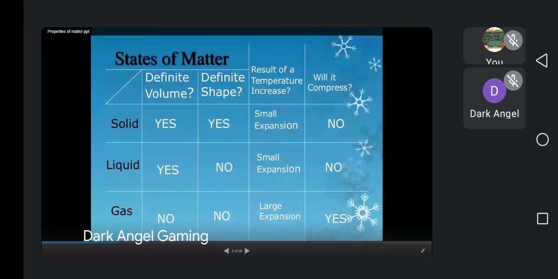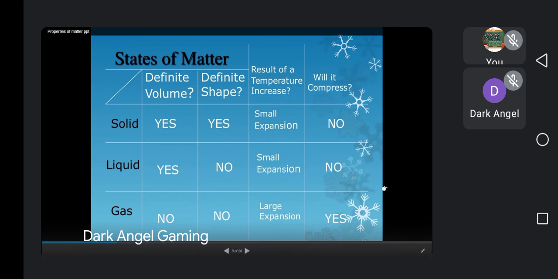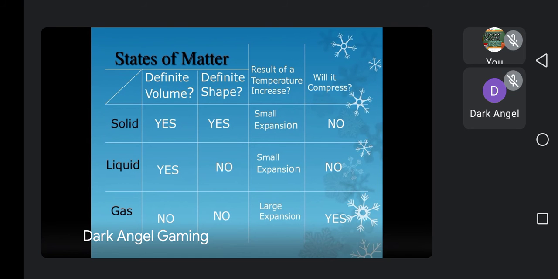The result of temperature increase is small expansion. No compress. The gas, no definite volume, no definite shape, temperature increase, large expansion, it will compress.